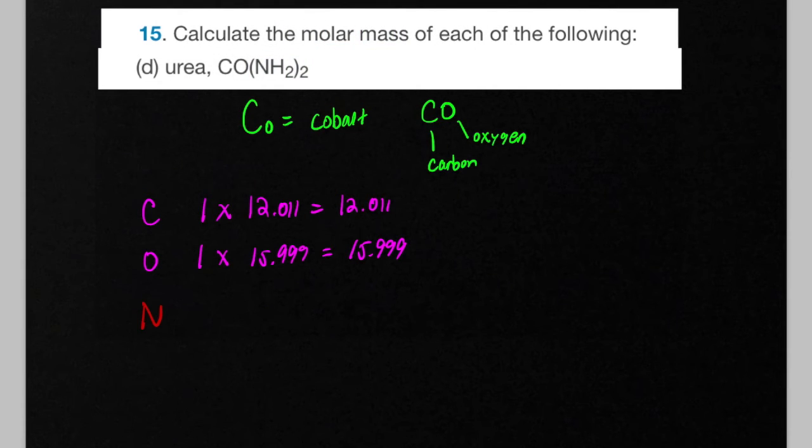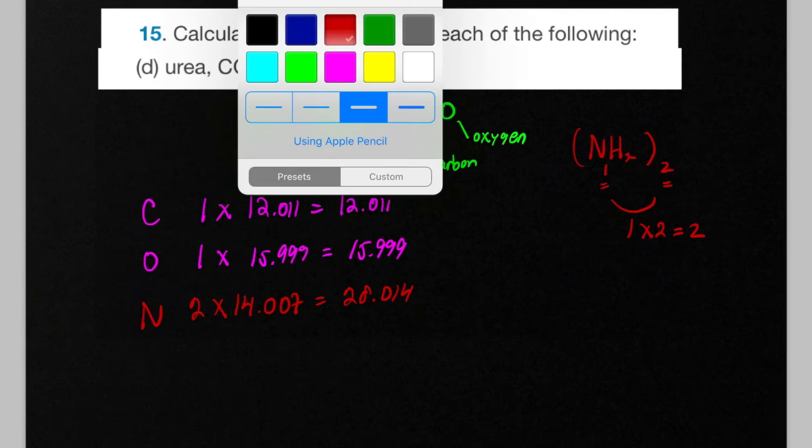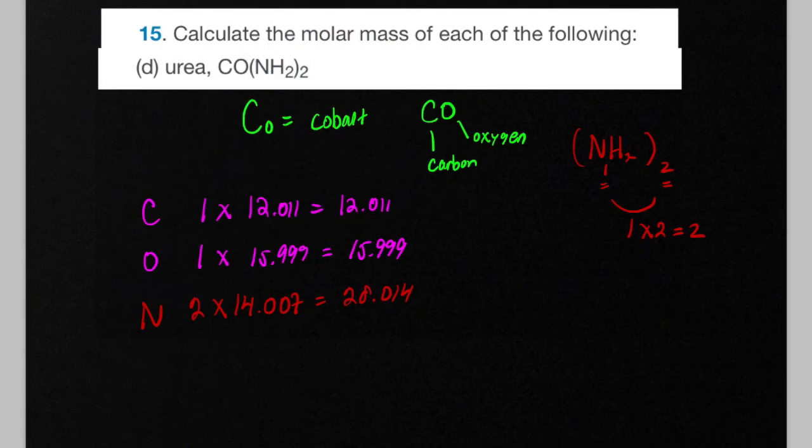Now, when we think about the nitrogen, we need to think carefully about the parentheses. Okay, there's a 1 not shown for the subscript of nitrogen, and there's a 2 outside the parentheses. So there's a total of 2 nitrogens in this formula. Okay.